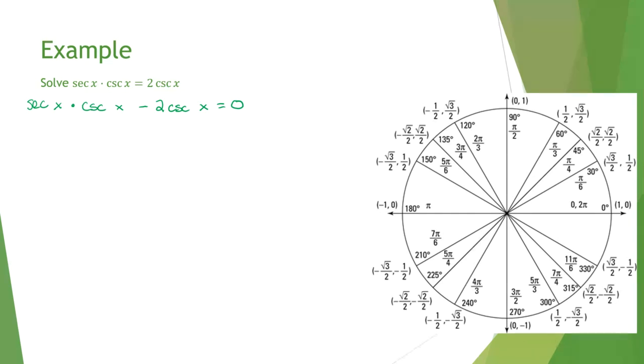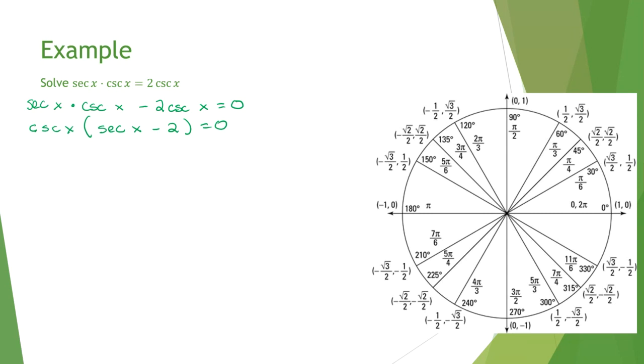Solving these kinds of things, there's a lot of little tricks to try to see which ones work. Some don't. It's a lot of trial and error. So if this is not intuitive to you, don't worry. This is just because I've done a lot of these. So I'm going to factor out cosecant of x, which leaves me with secant of x minus 2 equal to 0.